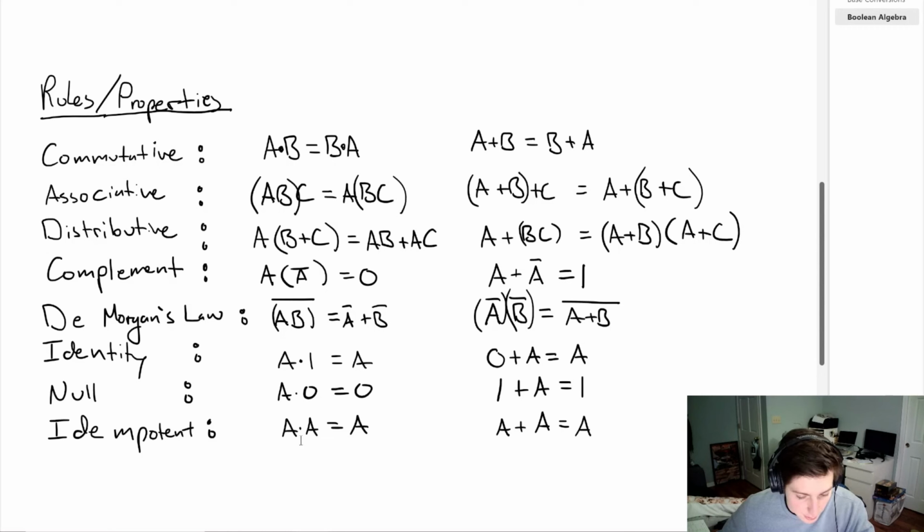And then this last rule, which is a little bit confusing if you relate it to conventional mathematics that we're used to, where you have A times A equal to A, or you can have A plus A equal to A.